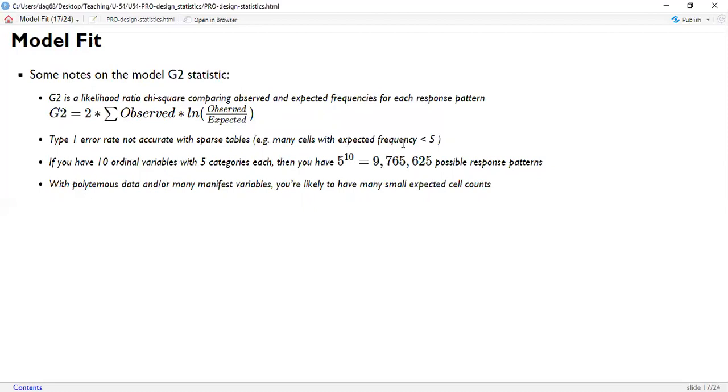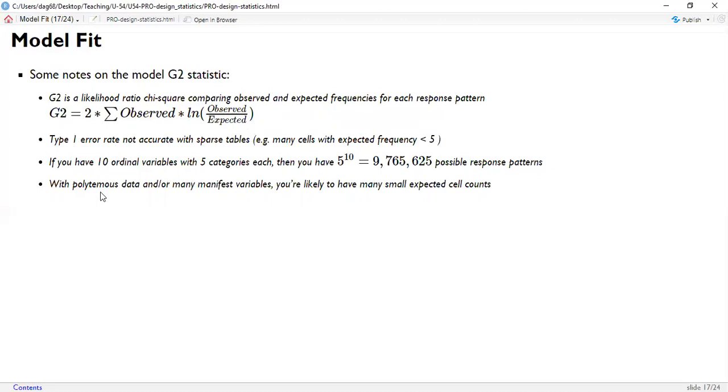But just as with the chi-square statistic that you might have learned about for, say, a contingency table or a 2x2 table, comparing two categorical variables, it doesn't have accurate type 1 error rate when you have a sparse table. And a sparse table means you have a lot of cells that have expected frequencies of less than 5 or less than 1 sometimes.